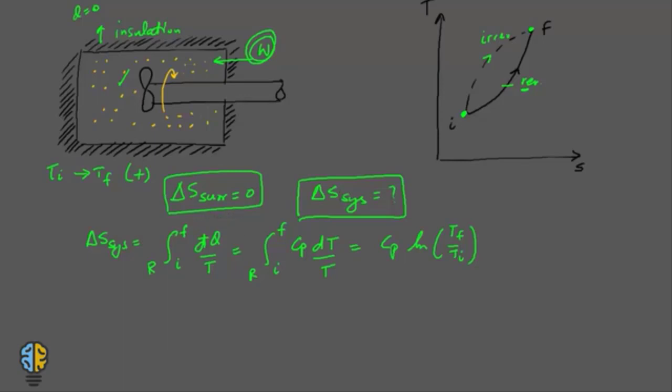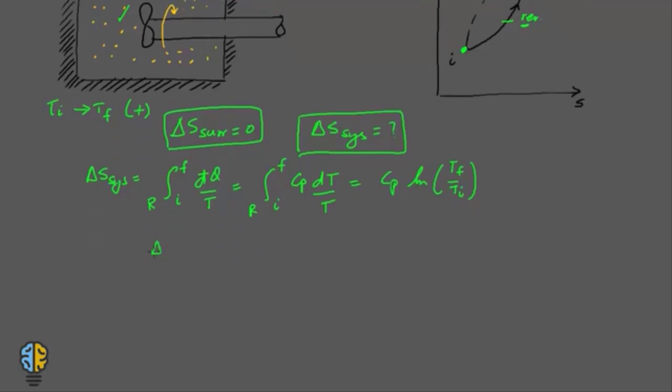Now if you find the delta S for the universe, it is delta S of the system plus delta S of the surroundings. There is no heat exchange for the surroundings, so that becomes 0, and the total entropy change of the universe is Cp log Tf upon Ti.